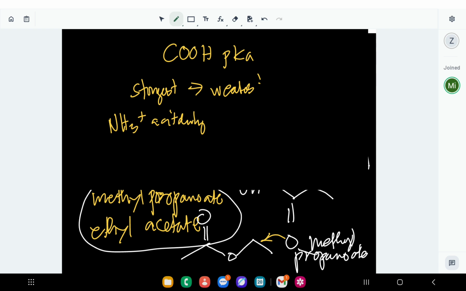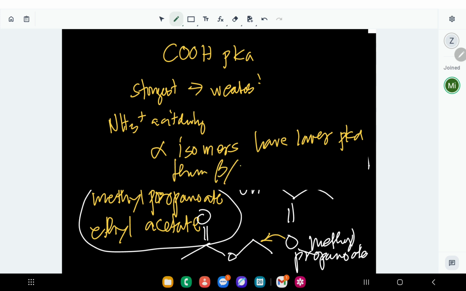So alpha isomers tend to have a slightly lower pKa than beta. So you need to identify which ones are alpha and beta. Alpha isomers have lower pKa than beta or gamma isomers because of the positively charged NH3 plus.